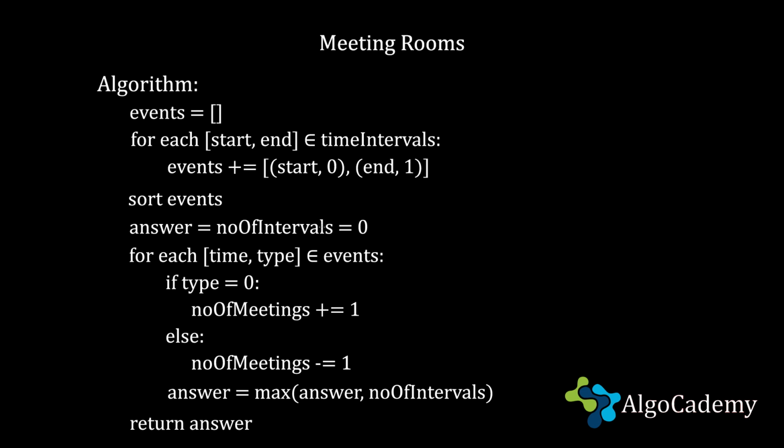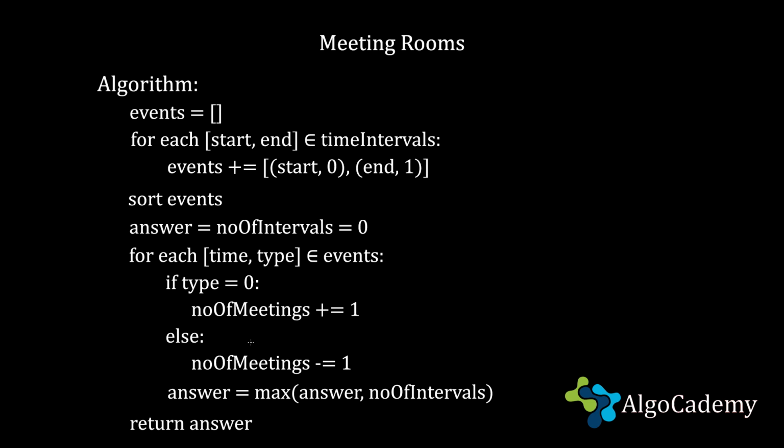Then we are iterating through all the events here. So for each pair consisting of the time the event happened and the type of the event, we are checking if the type is 0, of course, we will increase the number of meetings that are occurring at that moment, and else that means that a meeting just finished, so we will decrease the number.